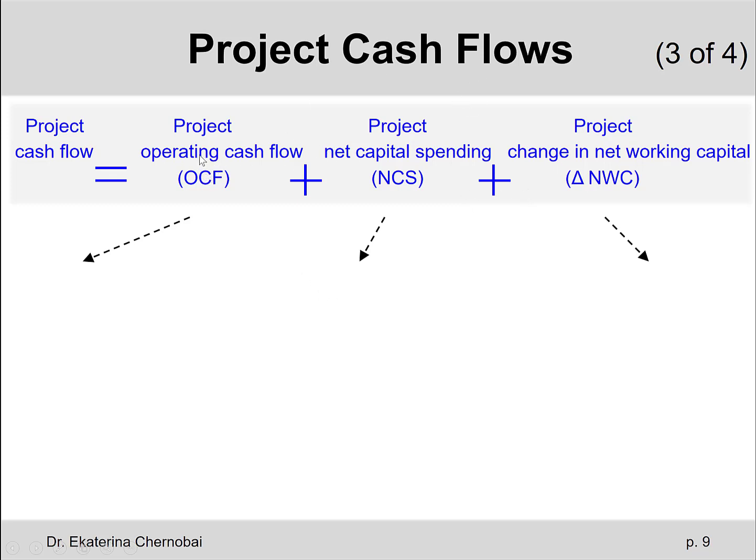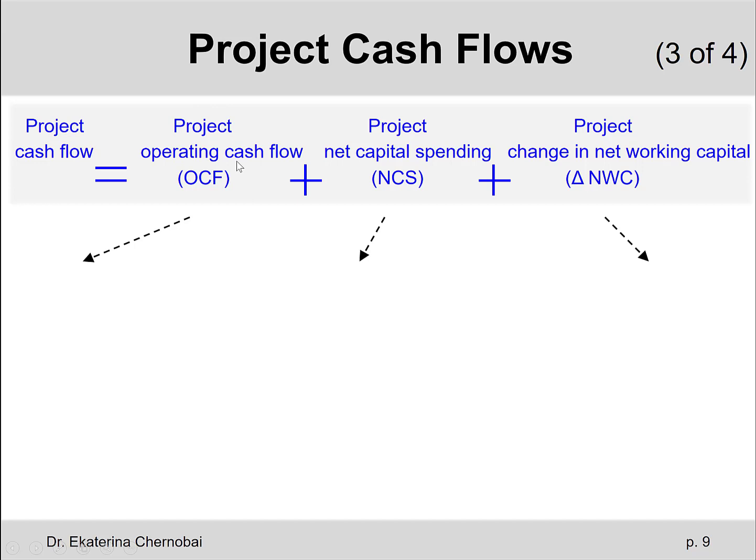Essentially, think of there being several relevant cash flows that, by their nature, have something in common. And that puts them in the category that we call operating cash flow.